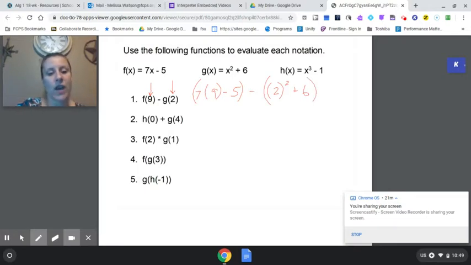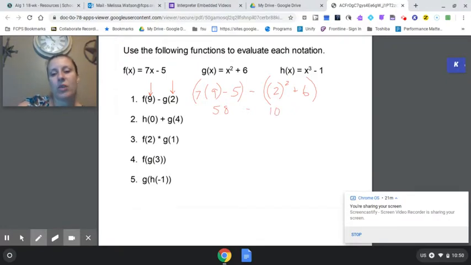So we're going to find f of 9. 7 times 9 is 63. 63 minus 5 is 58. And we're subtracting off g's function when the input is 2. So 2 squared is 4, and 4 plus 6 is 10.